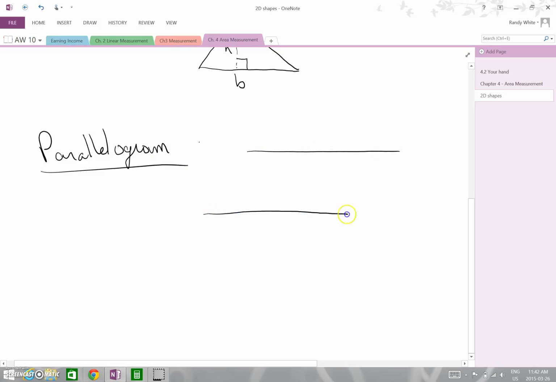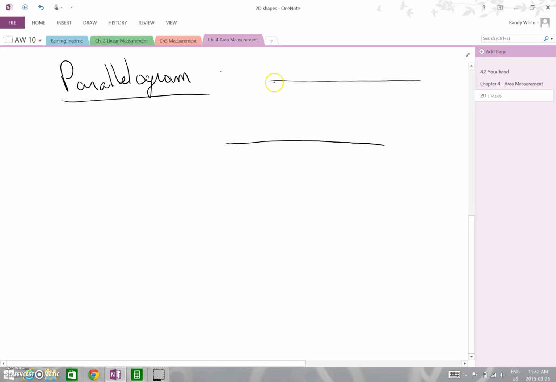Here I've got 2 parallel lines, and then the sides are also parallel. This is the base, and again the height creates a right angle to the base, and that would be your height. So for any parallelogram, you take the base multiplied by the height.